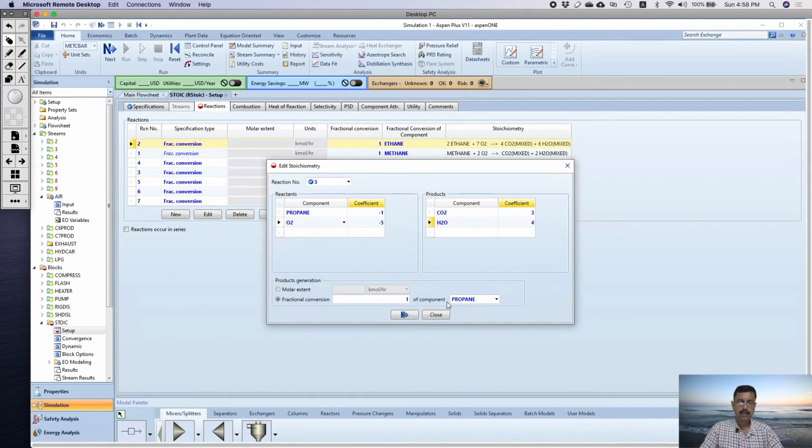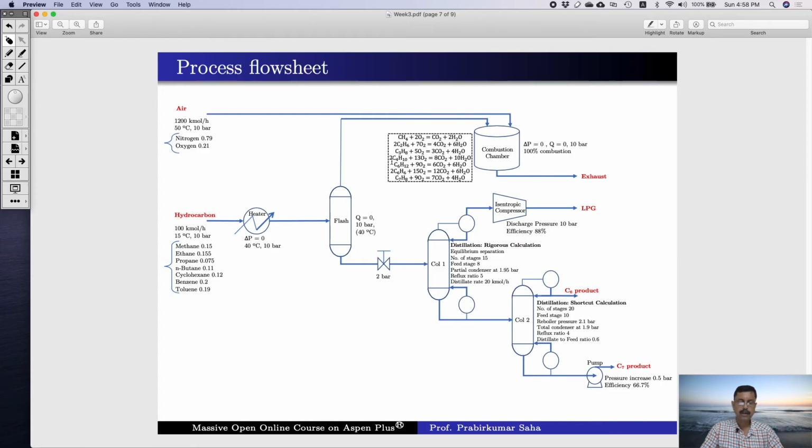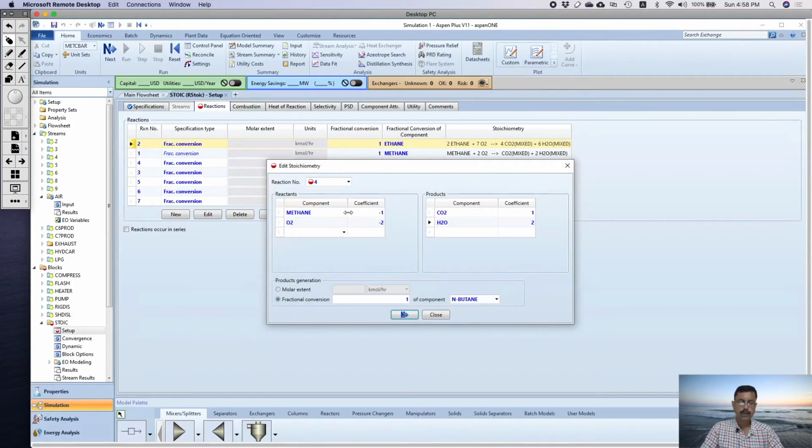fractional propane. Reaction 4 for N-butane, 2 13 8 10.